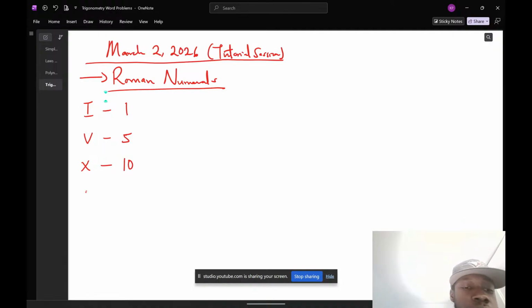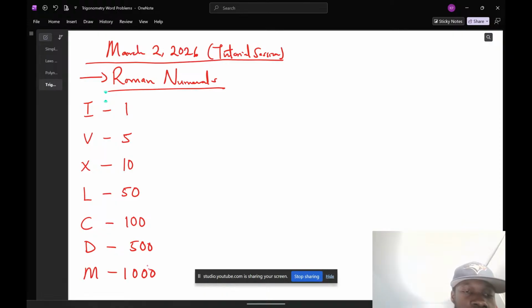We have L. L is for 50. C is for 100. D is for 500, and M is for 1000. So these are the basic Roman numerals that you need to know.